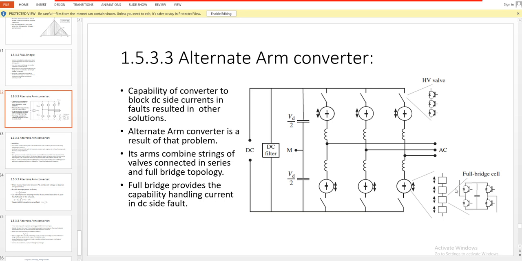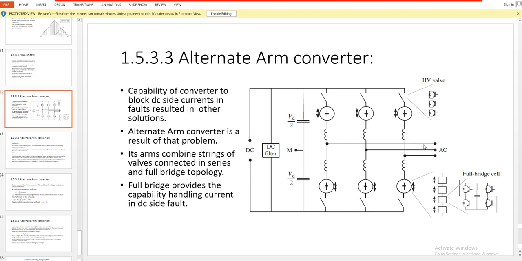If a steep DC side fault occurs, we can control it because of this full bridge, and using series connected switches in the upper arm, our cost has been reduced as compared to full bridge topology.